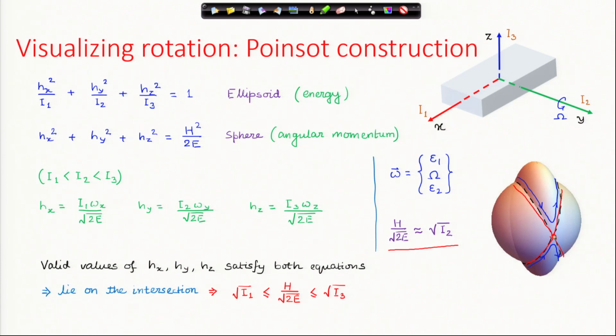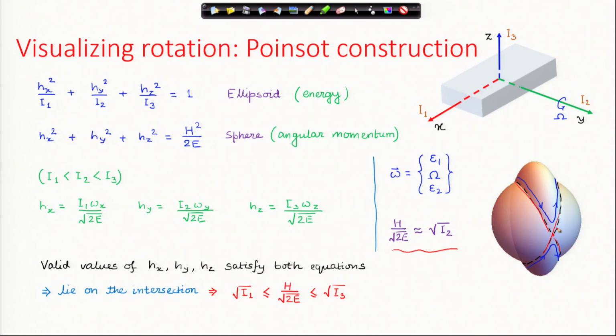If I give slightly lower energy, which means the radius increases, the intersection will go on this blue curve. Otherwise, if the radius is roughly this much, then the intersection will be along these two curves.